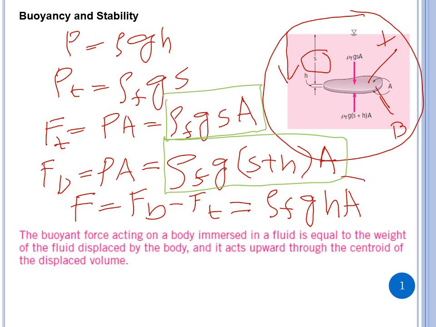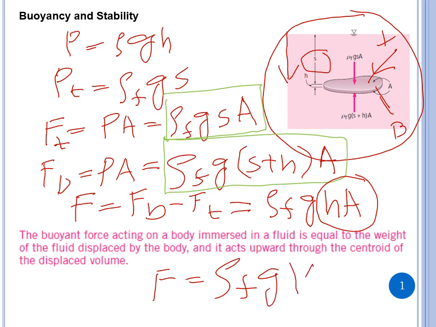Now h into A, if you look at this figure, is basically the volume of the solid object. So F is basically rho f g and volume.